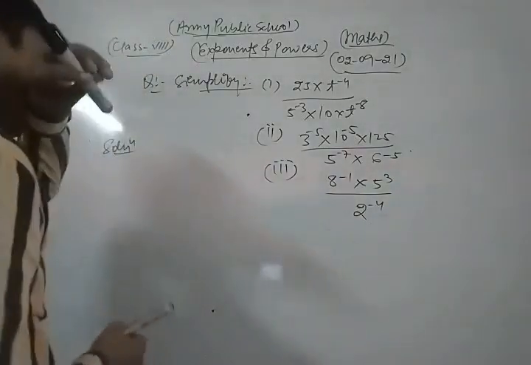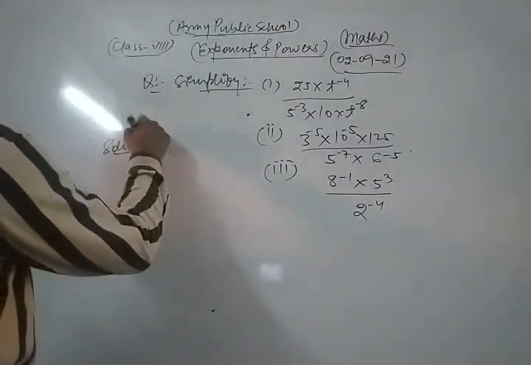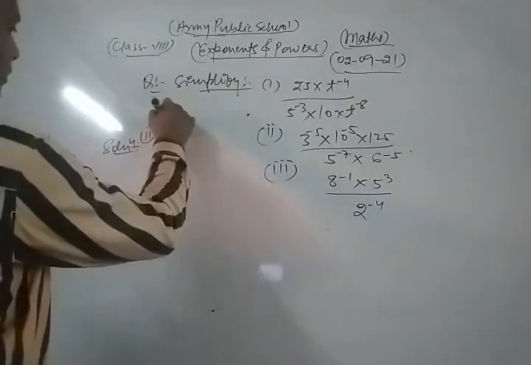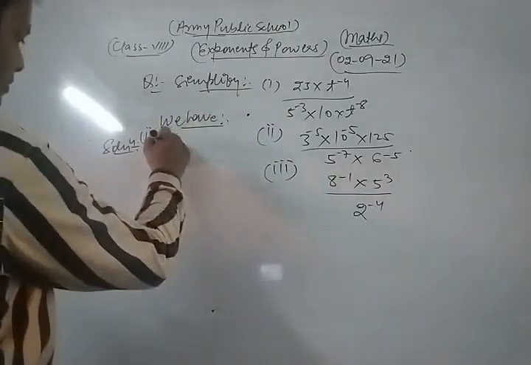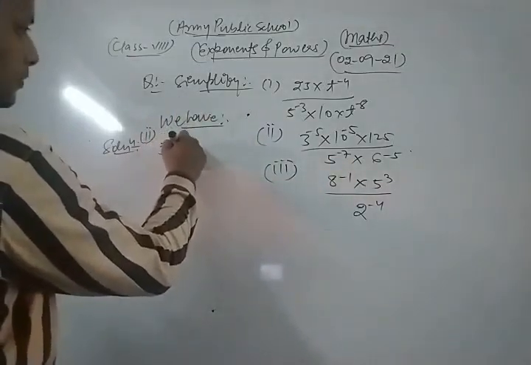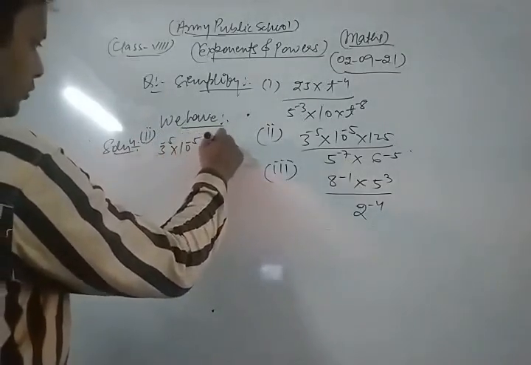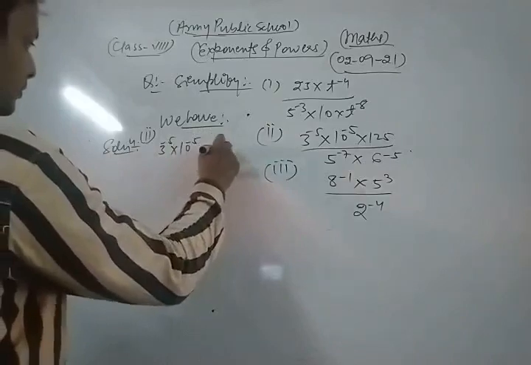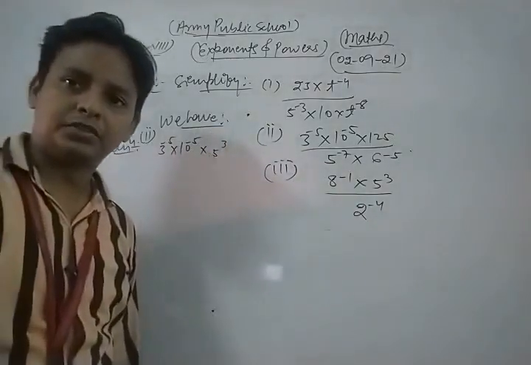Now dear friends, second part of this question we have 3 power minus 5 into 10 power minus 5 into 125. We can write 125 as 5 to the power 3.